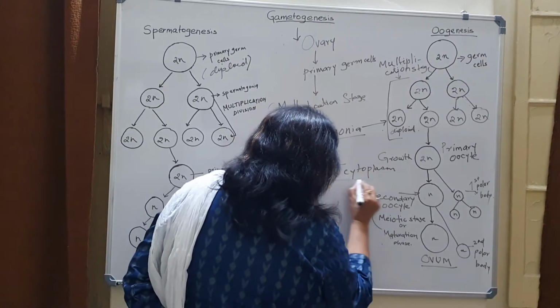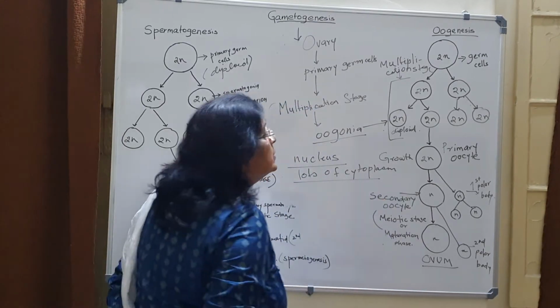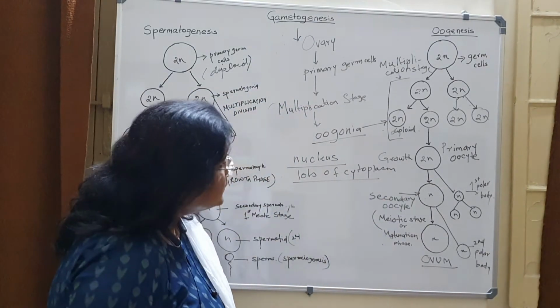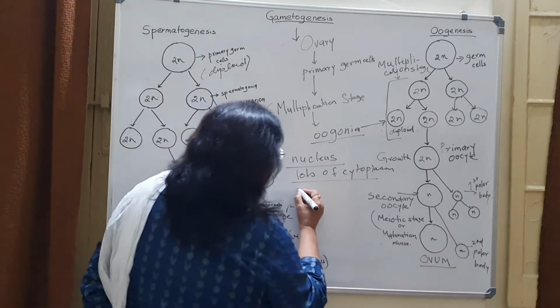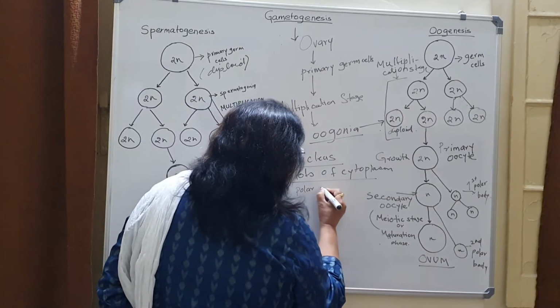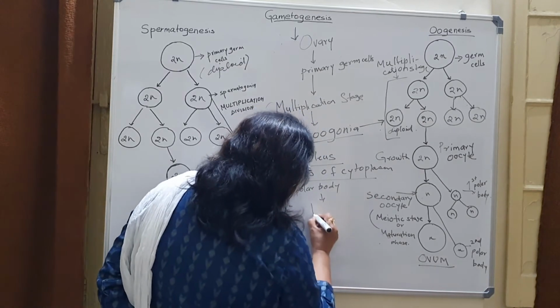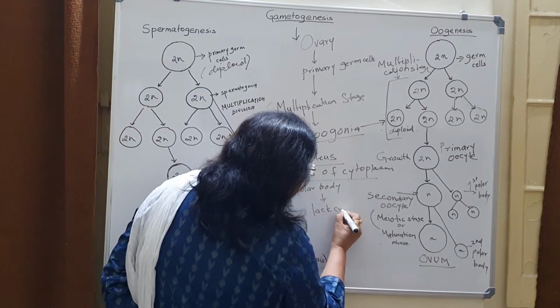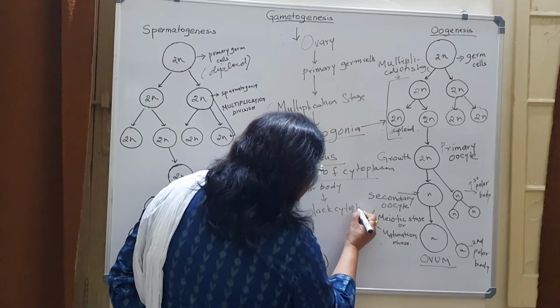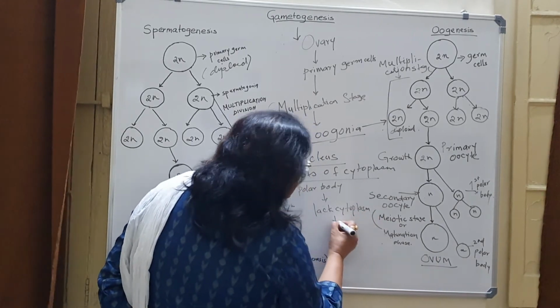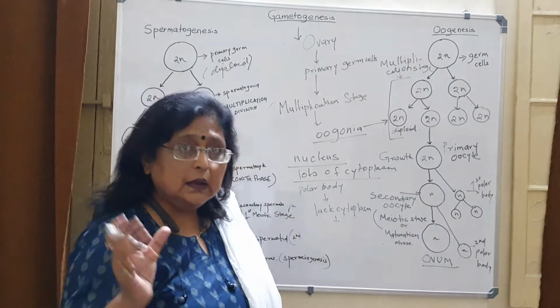The entire cell will be full of cytoplasm, whereas the polar body will have the nucleus, but it will lack cytoplasm, or in case it is present, the quantity is very less.